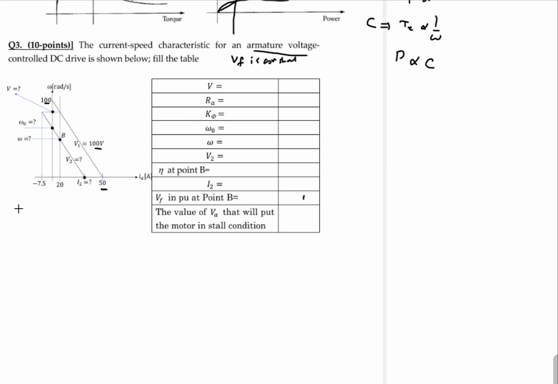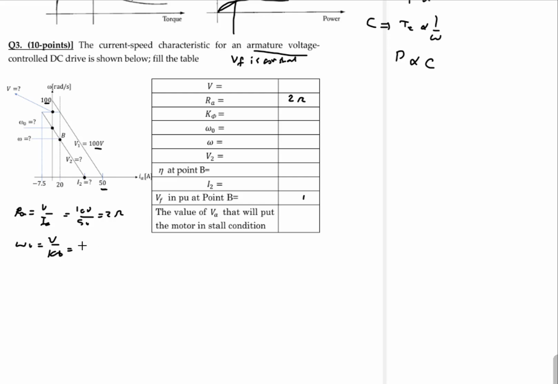So from here we can calculate RA, which will equal V over IA at start. So this will equal 100 over 50, and this will equal 2 ohm. So RA here equals 2 ohm. Again, we know that omega naught is equal to V over K phi.